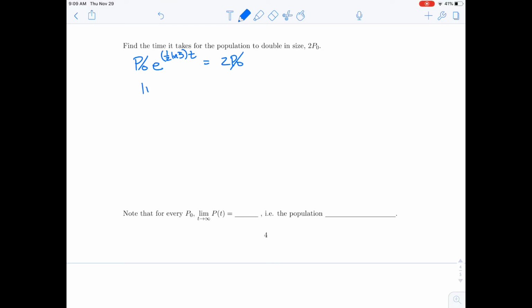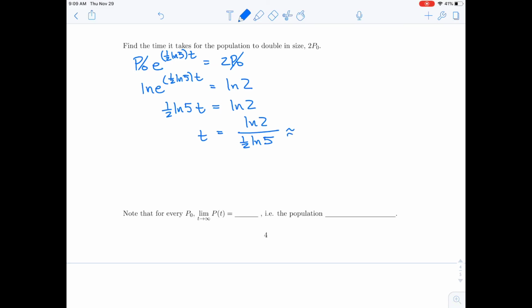We can isolate t by taking the natural log of both sides. And that will give us that 1/2 natural log 5 times t is equal to the natural log of 2. Okay, so then t must be equal to natural log of 2 over 1/2 natural log of 5.